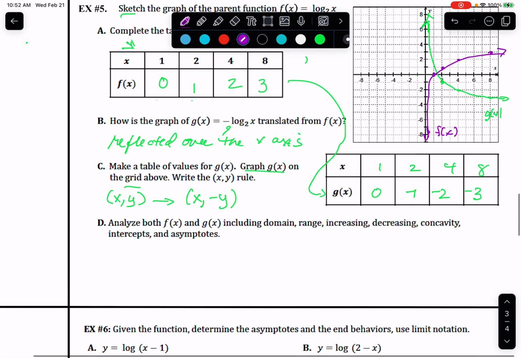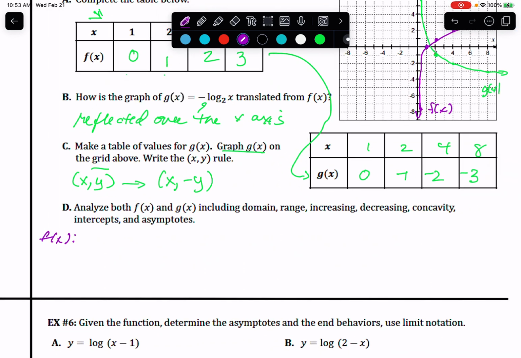Okay. So now we're supposed to analyze f of x and g of x, including domain, range, increasing, decreasing, concavity, intercepts, and asymptotes. So there's a lot here, and you just have to walk through them. So let's do f of x first. And so now I'm going to try to write it how you should write it if you're answering this. So you would say the domain would be from 0 to infinity.